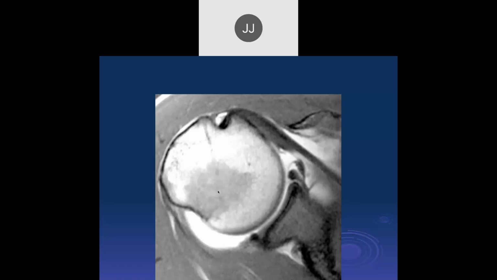I agree with you. Why did they operate on it? They did, but they did not do any repair of the labrum.